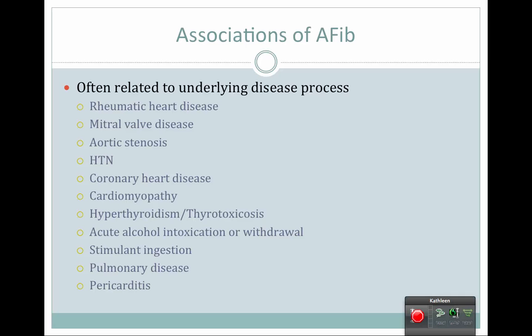A lot of college kids can transiently go into AFib after they've had too much to drink. Usually it's self-limiting. With some fluids, we can usually reverse it and they come out of it. But that's a very common thing that does occur. Not normal drinking, but it does occur. Other associations are stimulant ingestion, pulmonary disease, and pericarditis.